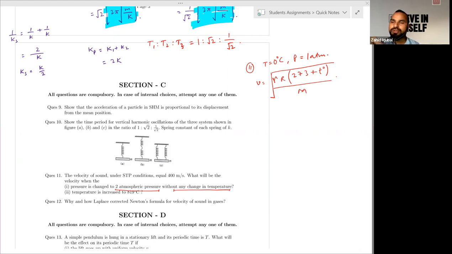Is it isothermal or non-isothermal? If it is isothermal, then velocity will be independent of pressure. So in the first part, since it is an isothermal process, on changing pressure there will be no effect on velocity. So velocity will remain the same. You may write it is unaffected.